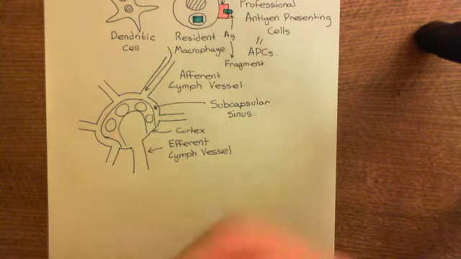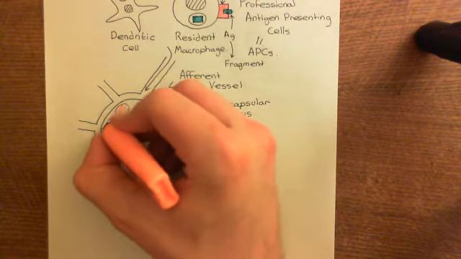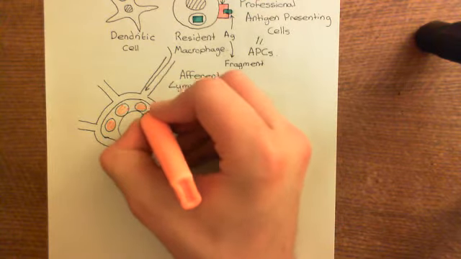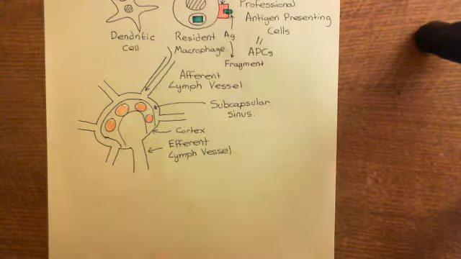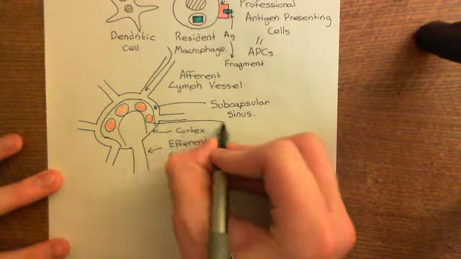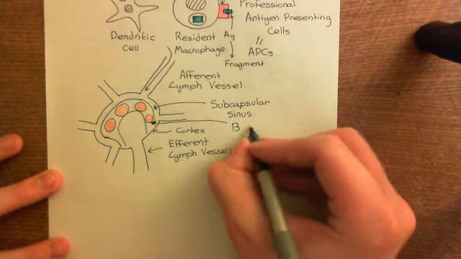So it's just a sphere of B lymphocytes, and these are in the cortex of the lymph node. So they are what are known as the B cell follicles within the cortex.